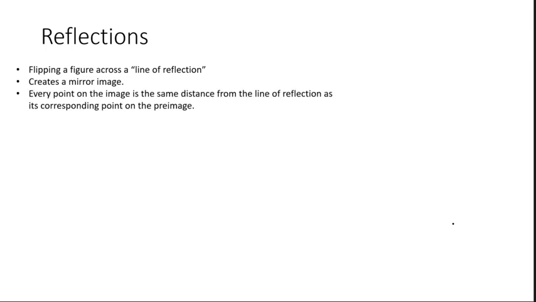More specifically, every point on the image is the same distance from the line of reflection as its corresponding point on the pre-image. We'll see an example of that in a moment. With this, we are preserving distance. It's not changing the shape or the size of the object, so this would still be an isometry because it's preserving distance.